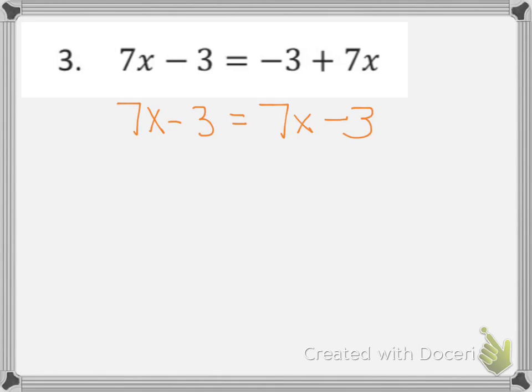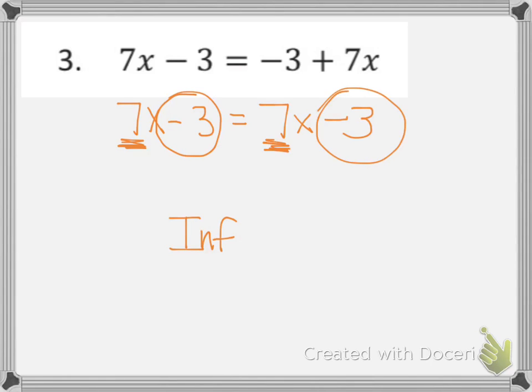Or if I check, the coefficient is a 7, the coefficient is a 7, I know the x's are going to eliminate each other. Then I check the constants, a negative 3 and a negative 3. Since those are the same constant, I know that this is going to be an infinitely many solutions equation. That means any value of x is going to make the statement true.